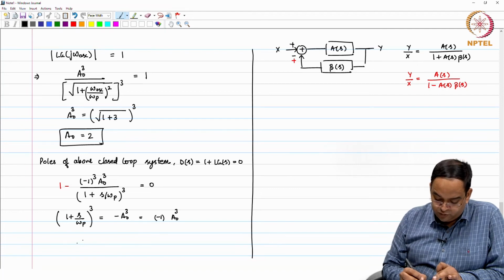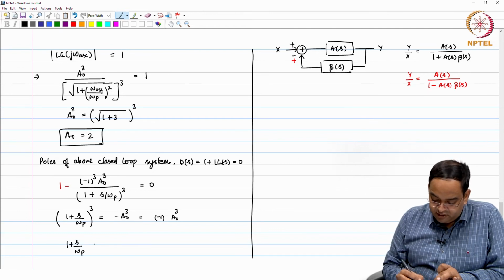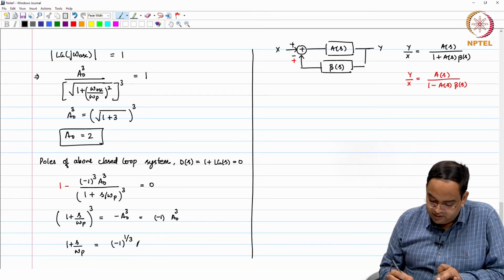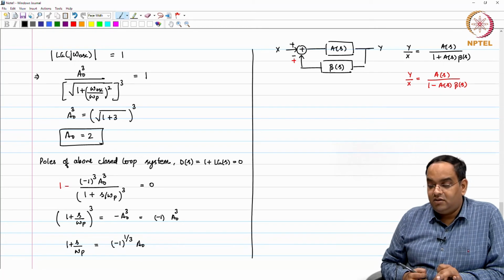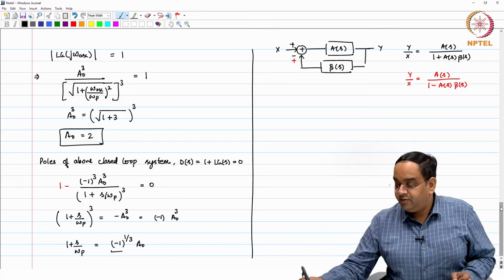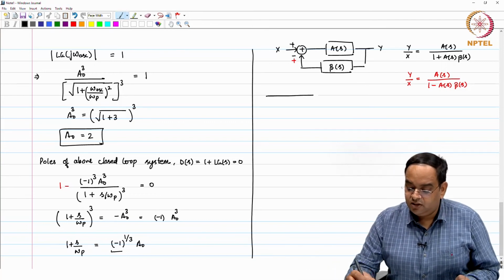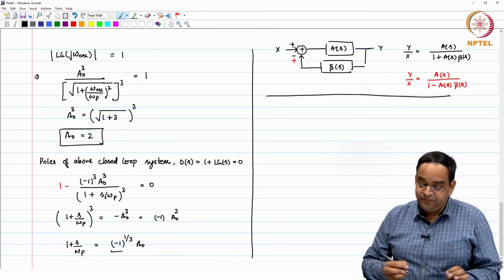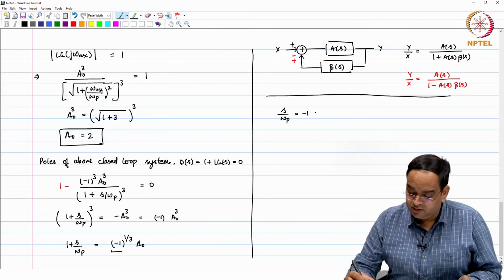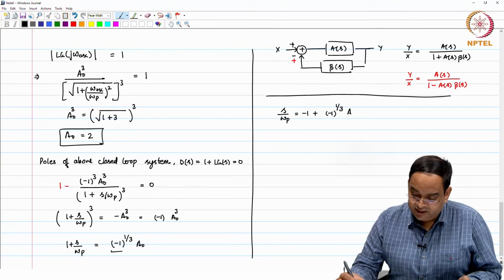So, for the closed loop poles, you have to take the cube root on both the sides. So, 1 plus s by omega p is minus 1 power 1 over 3 times A naught. Now, taking cube root of minus 1 can be done with the help of complex numbers. So, I can write s by omega p as minus 1 plus minus 1 power 1 over 3 times A naught.